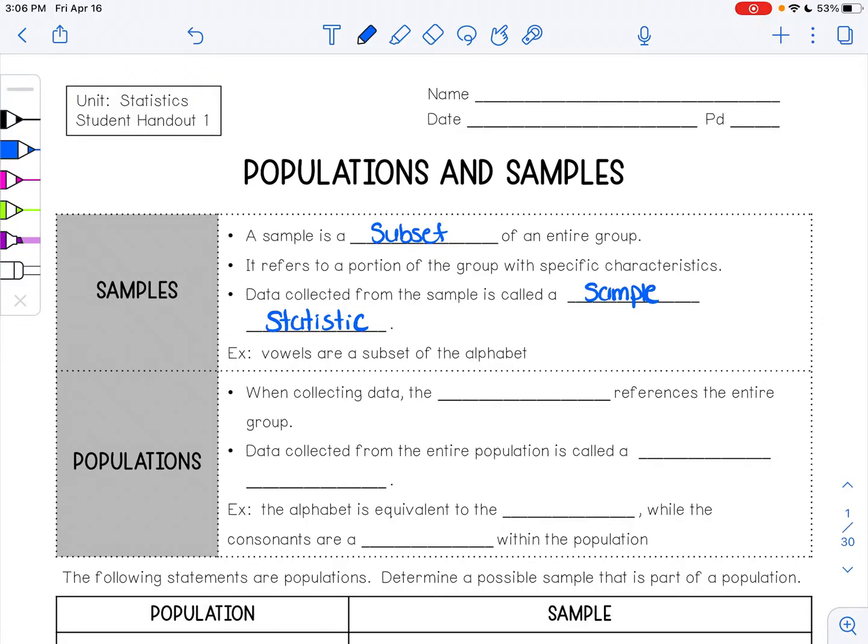A population, when collecting the data, references the entire group. So a population is the entire group. A sample is just a part of that population. Data collected from the entire population is called a population statistic.